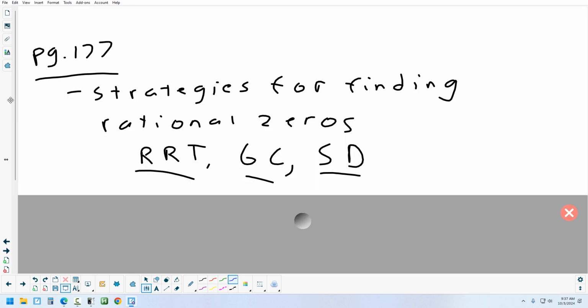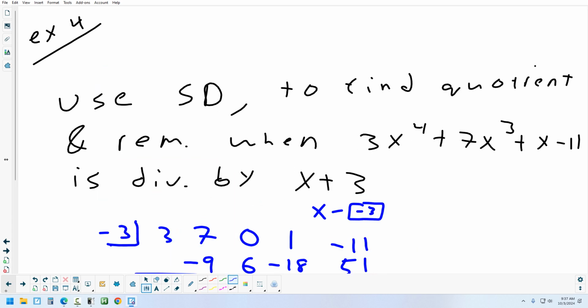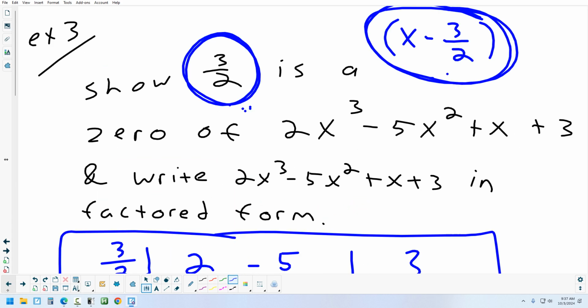All right, so how do we find rational roots? Well, first we generate a list of possible options. Then we use the graphing calculator to narrow down that list. And lastly, once we find something that's a root, we're going to divide by it synthetically. Let's go back to one that we knew worked.